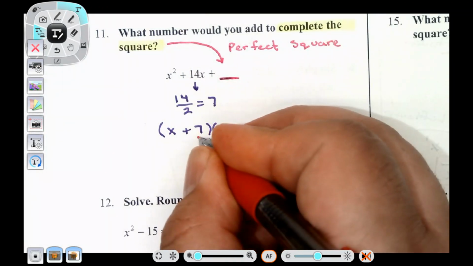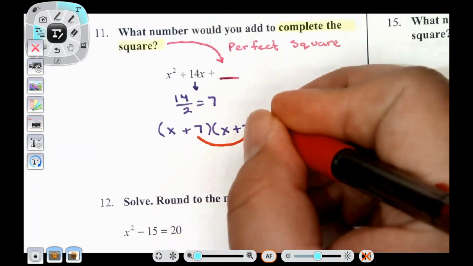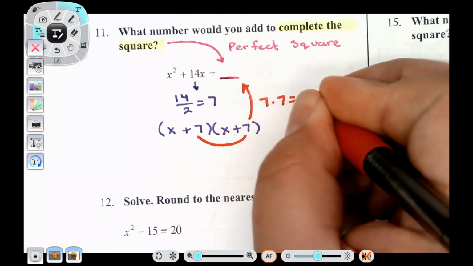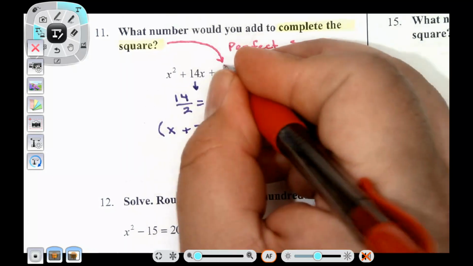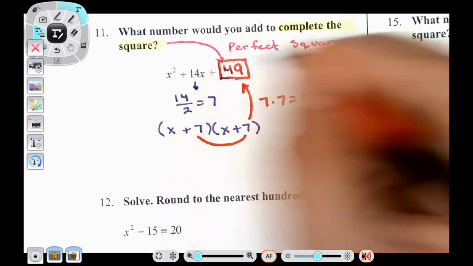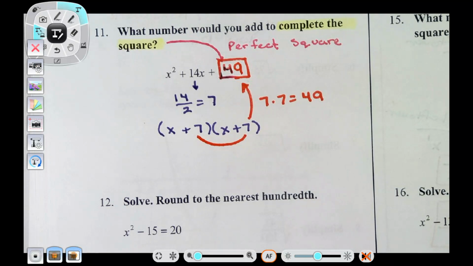I'm going to take the 7, multiply with 7, and that's what I'm going to put in there. So 7 times 7, 49. 49 is a perfect square, and that right there is my answer. That number needs to be from your list of perfect squares, and that's how we find it. Again, I will be posting the picture of my word wall into Google Classroom.